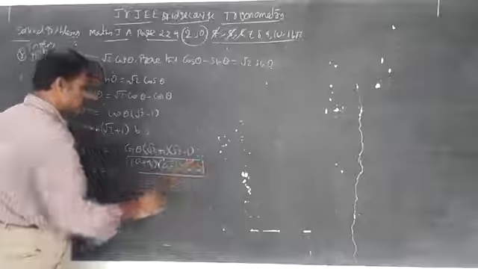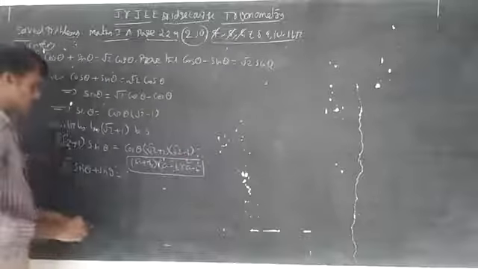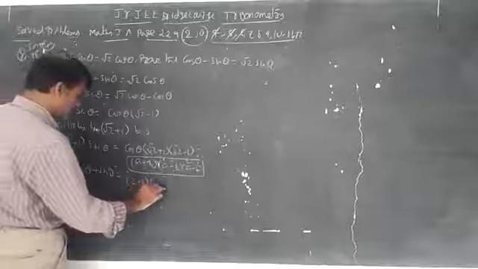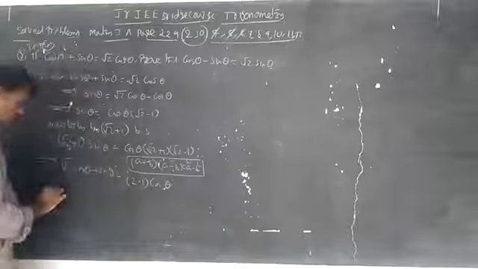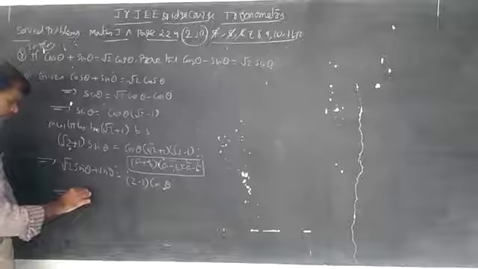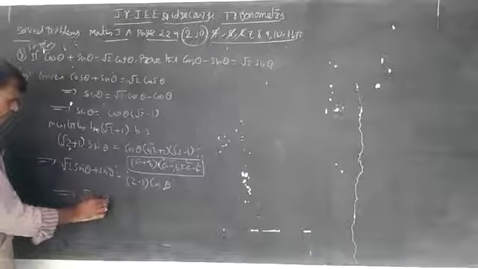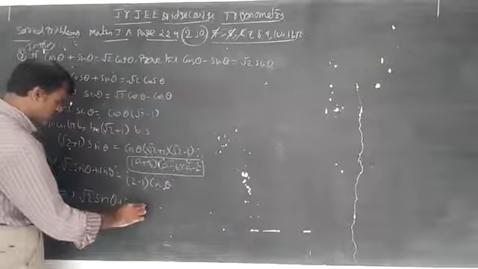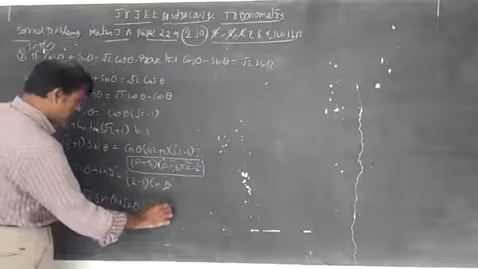So root 2 plus 1 into root 2 minus 1 is root 2 square minus 1, so it is 2 minus 1 into cos theta. 2 minus 1 becomes only 1. So root 2 sin theta plus sin theta is equal to cos theta.